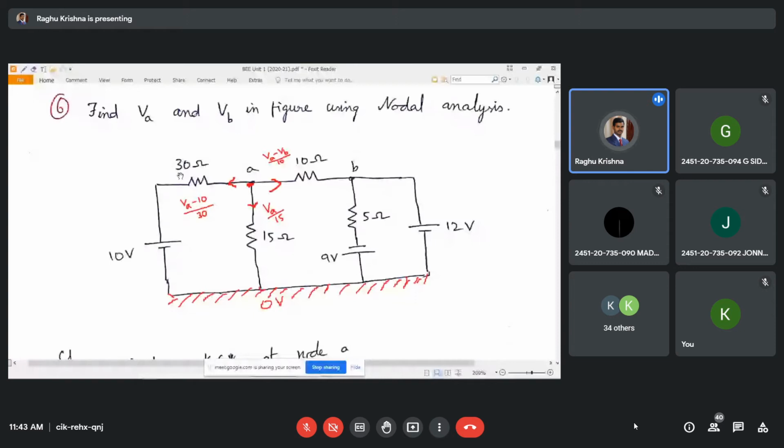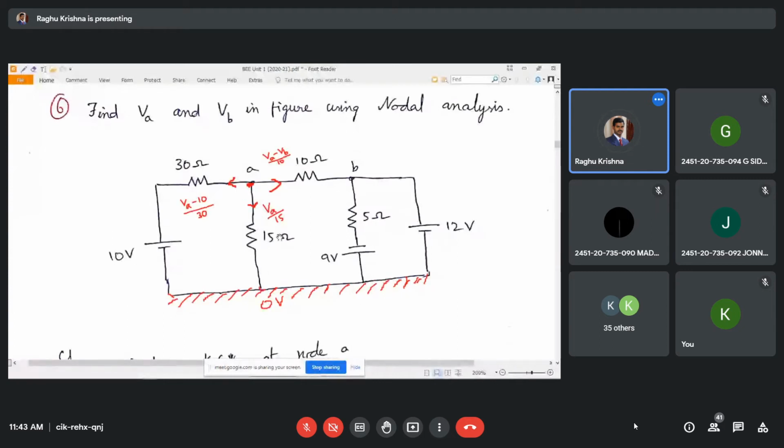So VA minus 10 by 30 is the current flowing through this 30 ohm resistor, and this current is given by VA by 15, since here this is 0 volts.